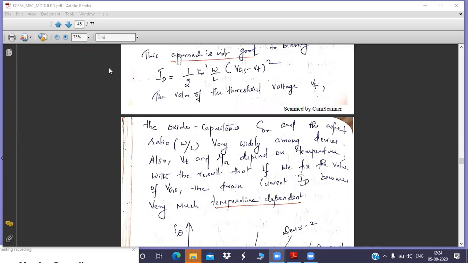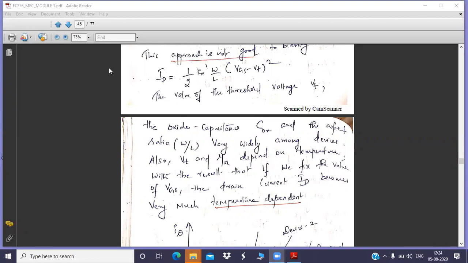The main drawback is that even though we fix the value of VGS, the drain current ID is temperature dependent. ID may vary with respect to temperature. And also, though we claim that W by L, Kn dash, everything is constant, it is not a universal constant. It will vary with respect to the device. Due to aging, if you replace this MOSFET with another device, we can't continue with the same biasing circuit.